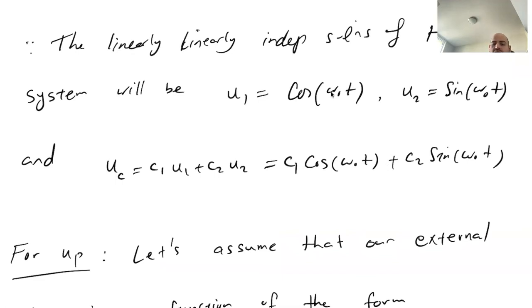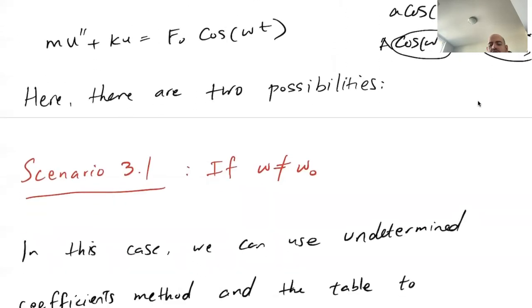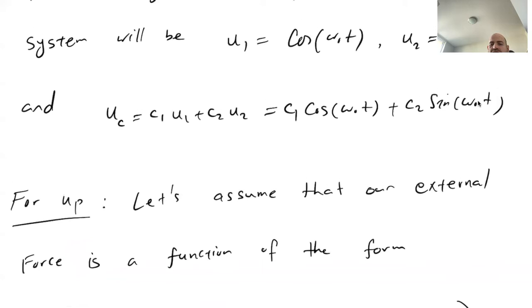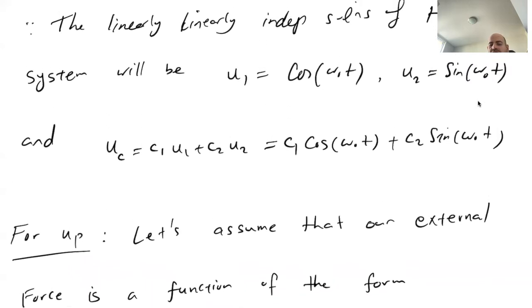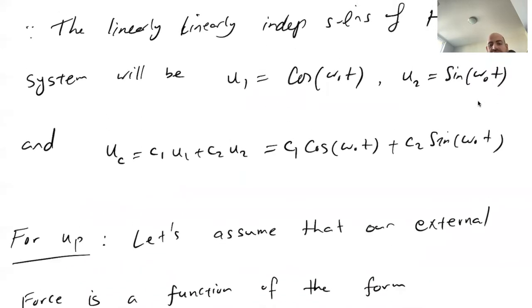For example, if omega naught is 2, then cos 2t and sine 2t will be the solutions for the homogeneous equation. But omega is different from omega naught, so omega could be 3. So cos 3t will not be a solution for the homogeneous equation anymore.